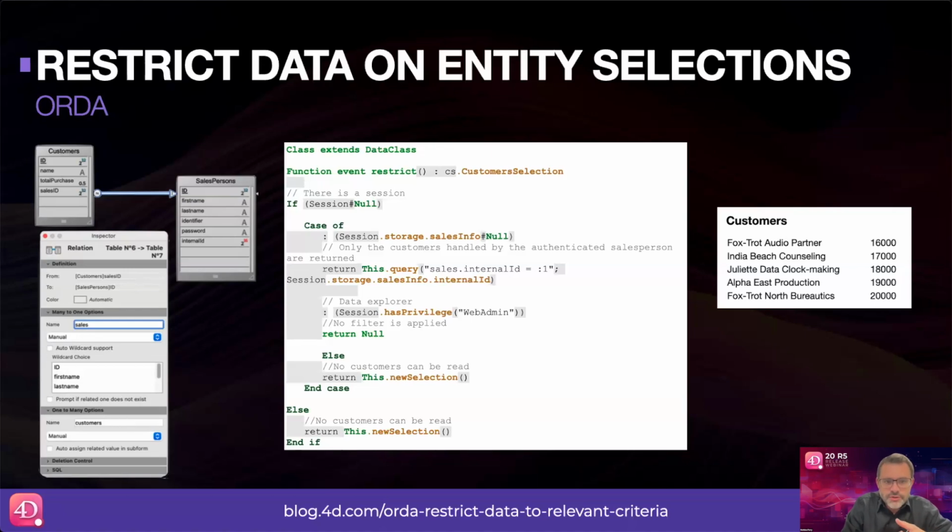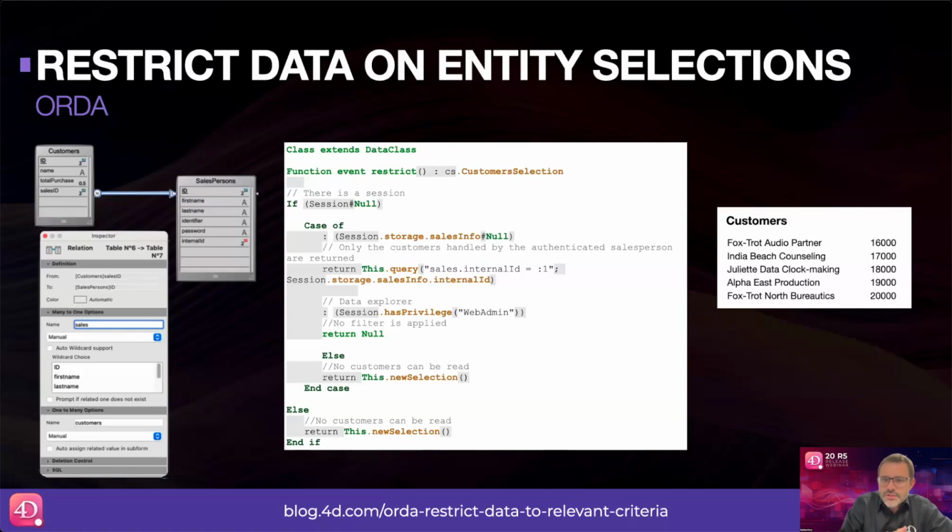That's where 4D 20R5 steps in, restricting read data according to some criteria with the event restrict. Those criteria you can get from the user session that we just described. In the example on screen, when you execute a ds.customers.all, for example, it will only return customers of a given salesman.